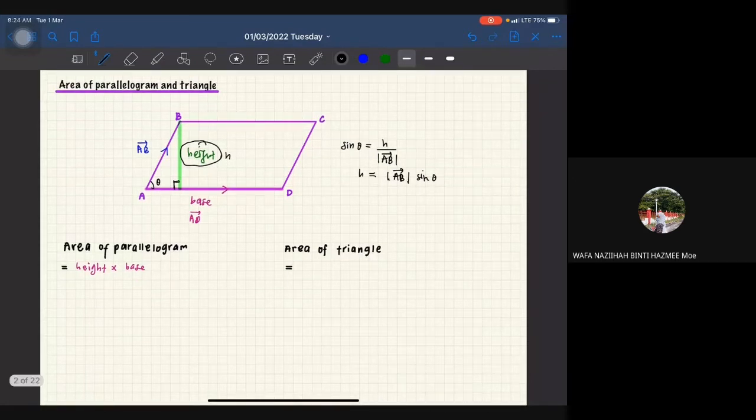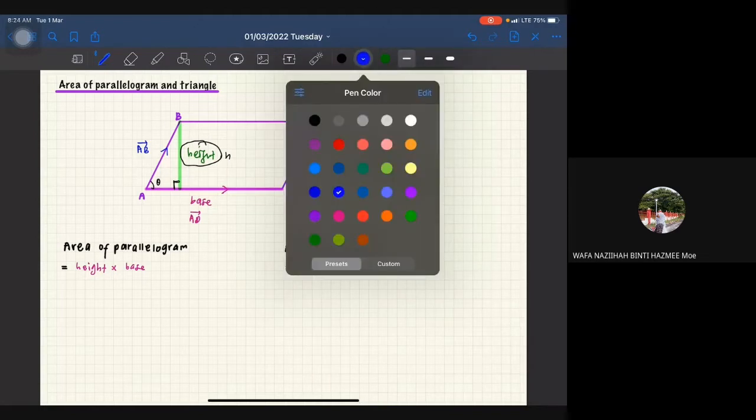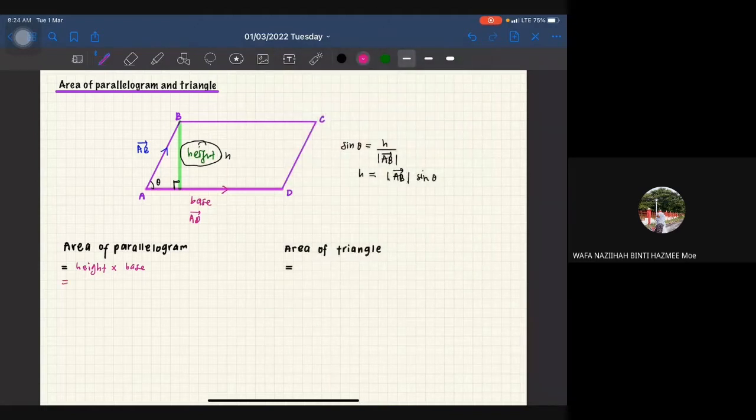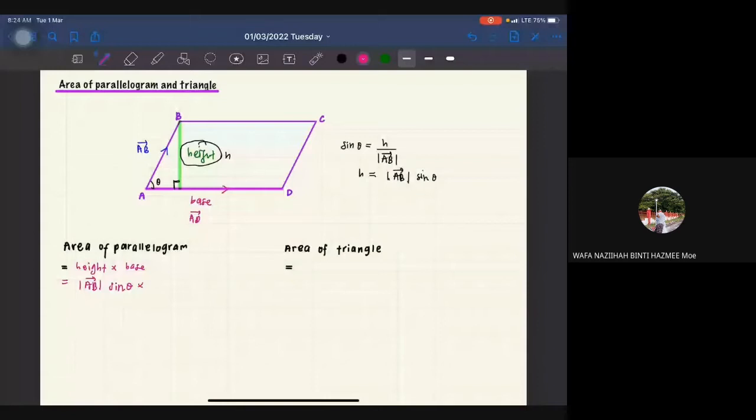Alright, and then substitute dekat dalam awak punya formula. So height kita sekarang adalah AB darabkan dengan sin theta. Okay, so darabkan dengan base. Base kita adalah vector AD.